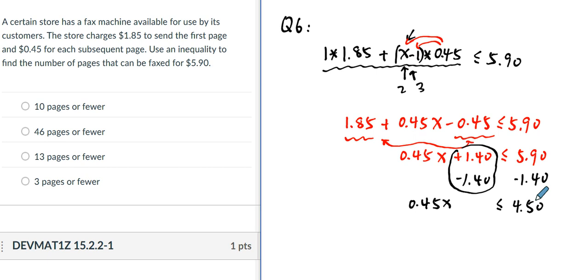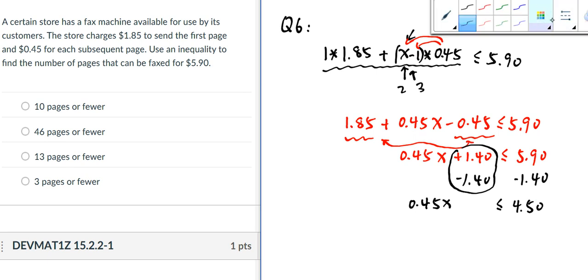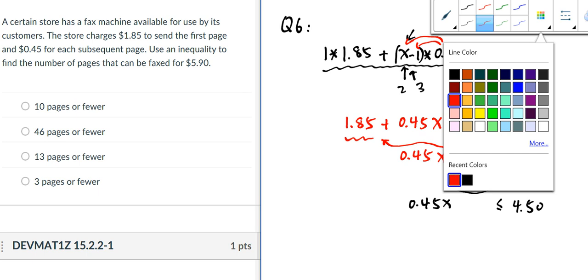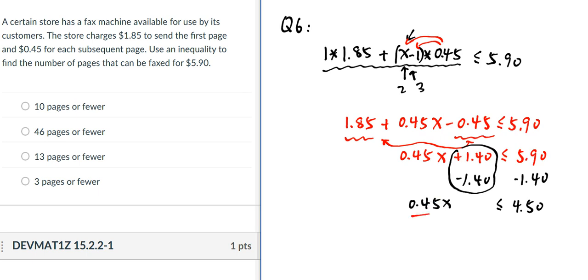Oh, that's a nice number. You see, both sides divided by 0.45. And this is going to be 1 times x, x.